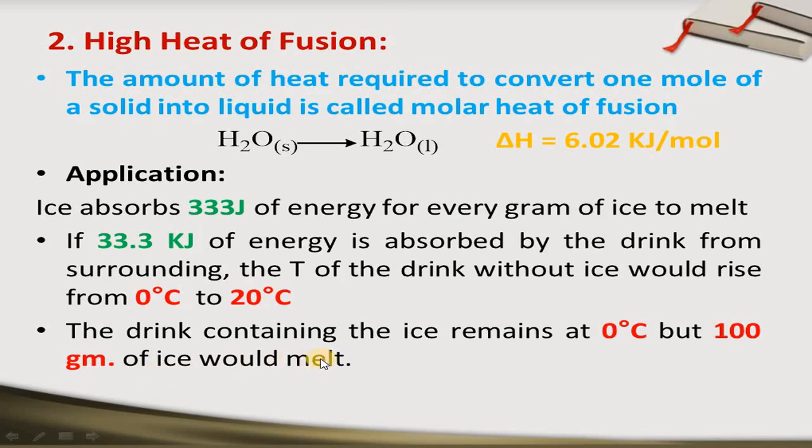Means the ice maintains the temperature of the drink at 0 degrees Celsius, but itself it will melt. So how much ice would melt? 100 gram of ice would melt in order to maintain the temperature of the drink at 0 degrees Celsius.